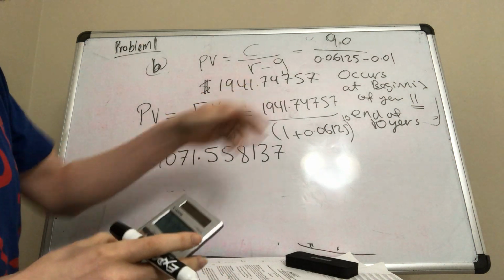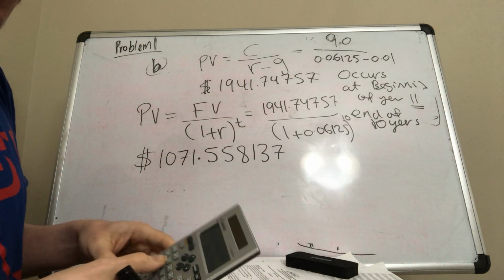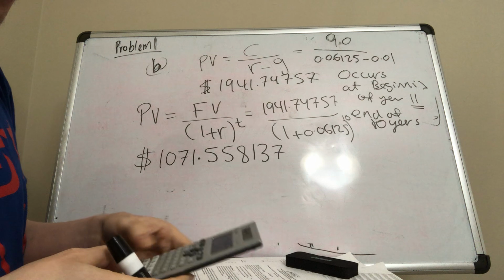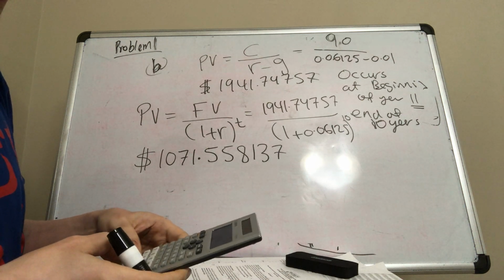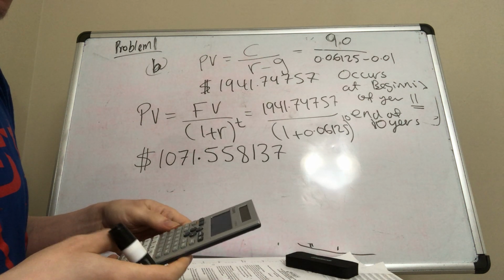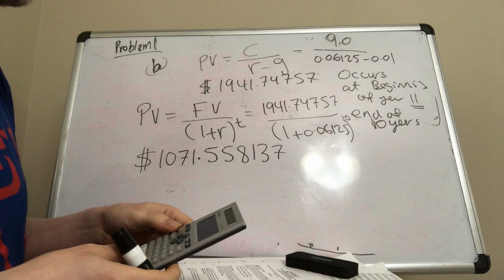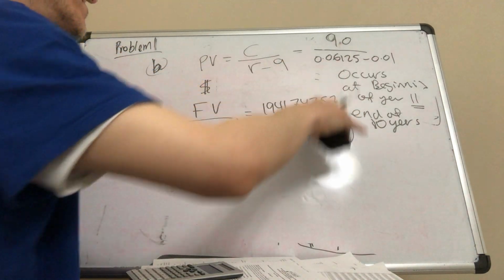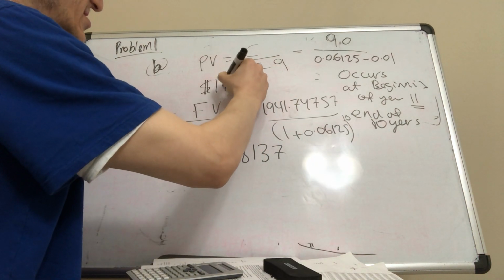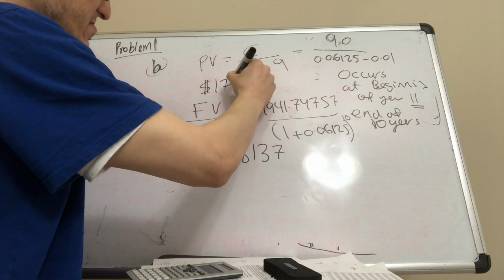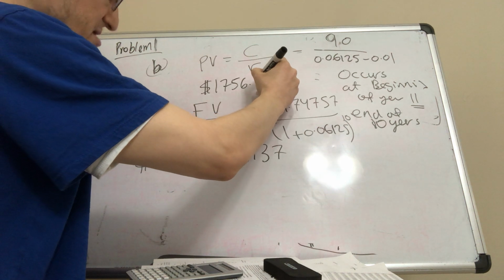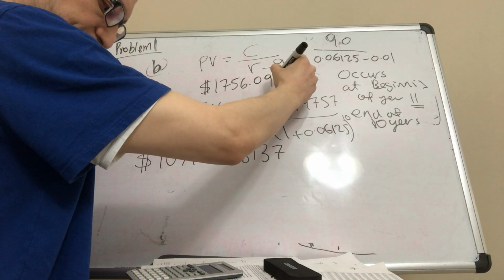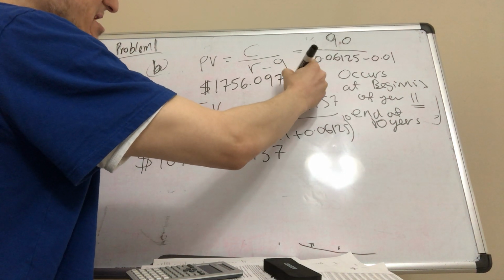So obviously this will be a little bit less. So now this amount is 1756097561.